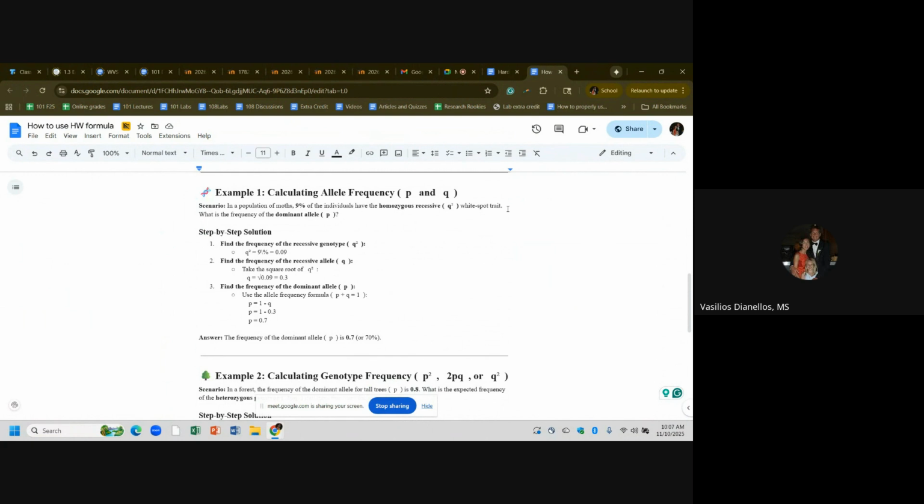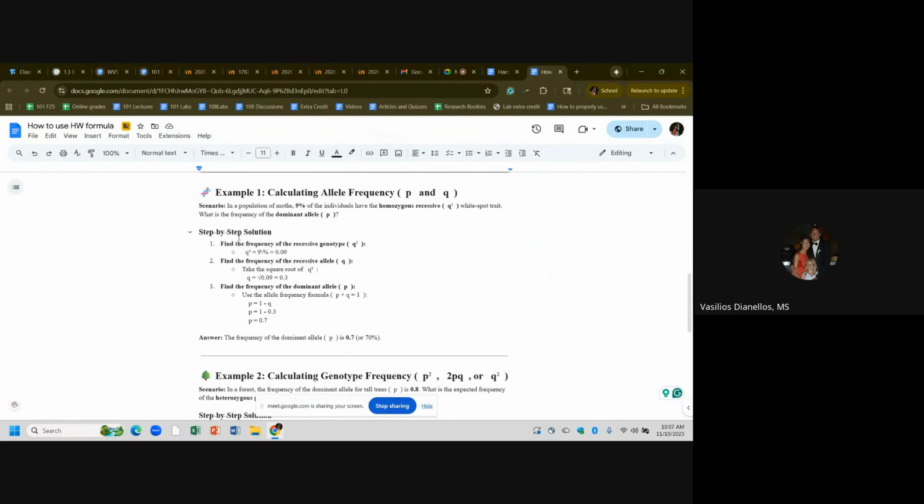Let me back up a step. So the question is asking, what is the frequency of the dominant allele, right? So we know how many of the individuals are homozygous recessive. And using that information, we want to find out what percentage, right? What's the frequency of the dominant allele? So here's what we do. Obviously, again, we need to start off figuring out what Q is.